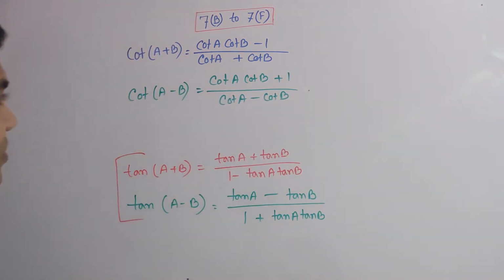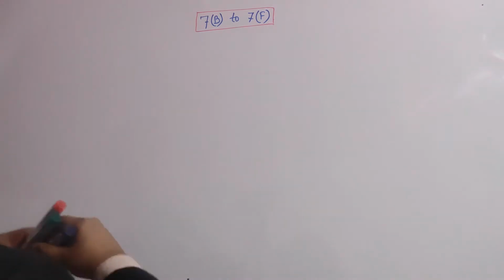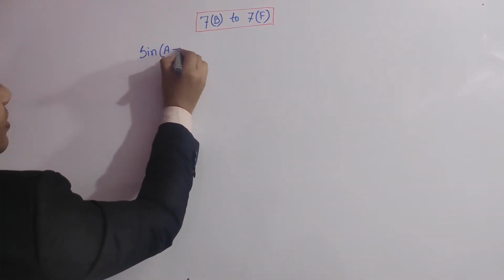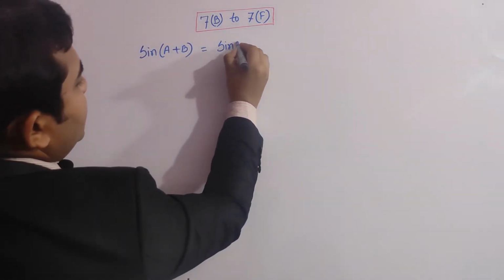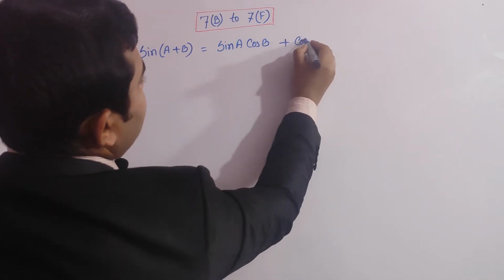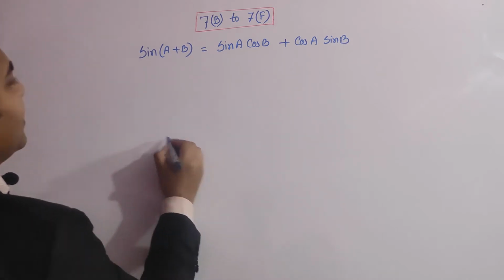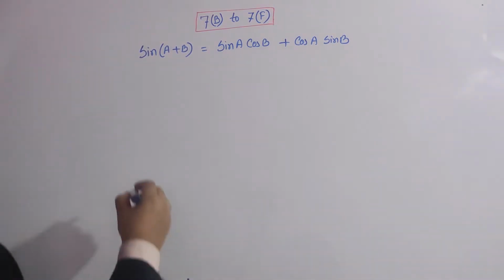So our first part is sin A plus B equals sin A cos B plus cos A sin B, and sin A minus B should be what?